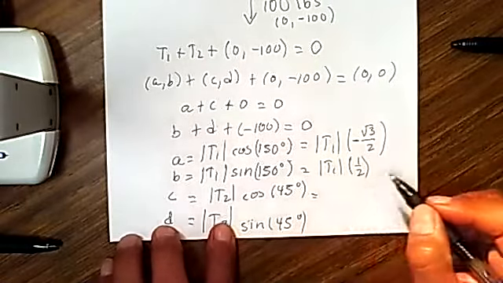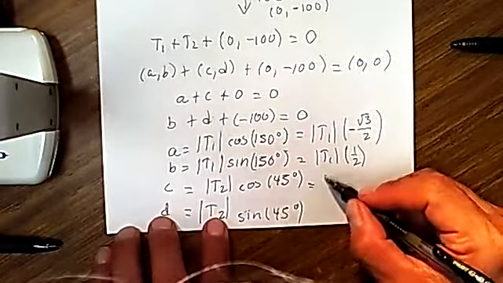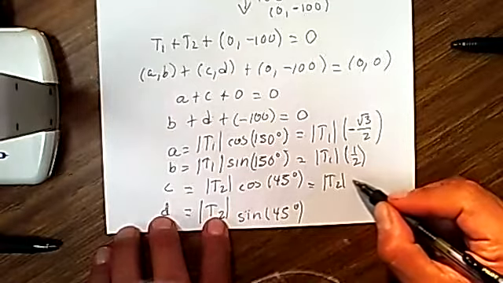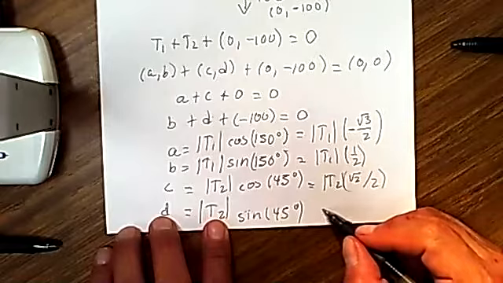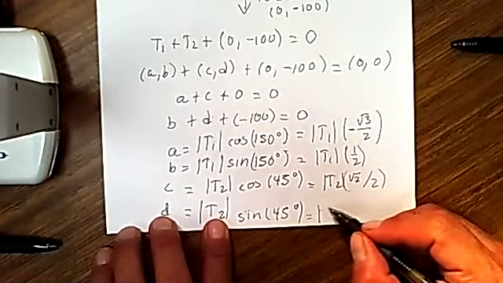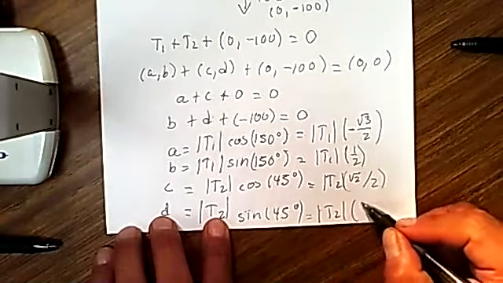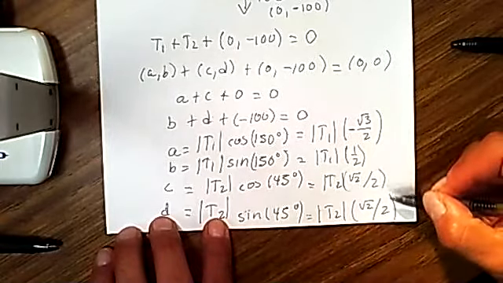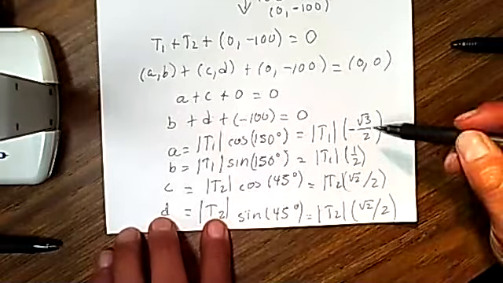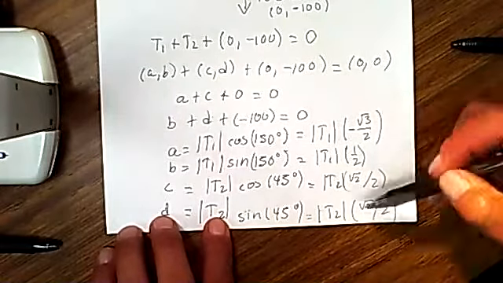And these are easy, those are the same. Magnitude of T2 times square root of 2/2, and magnitude of T2, and again, square root of 2/2. I'm putting parentheses to indicate that we're multiplying those two quantities.